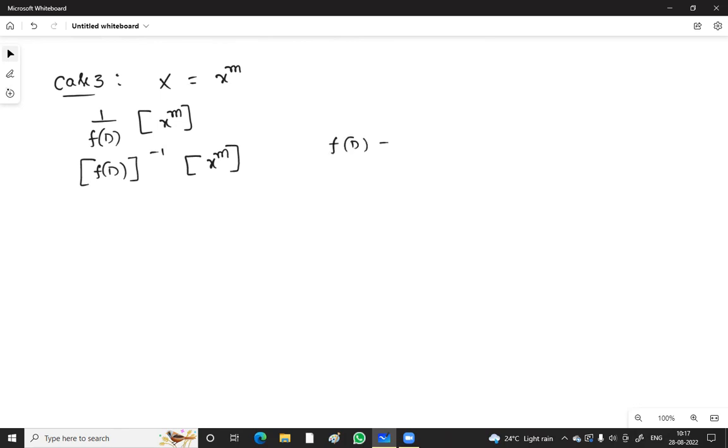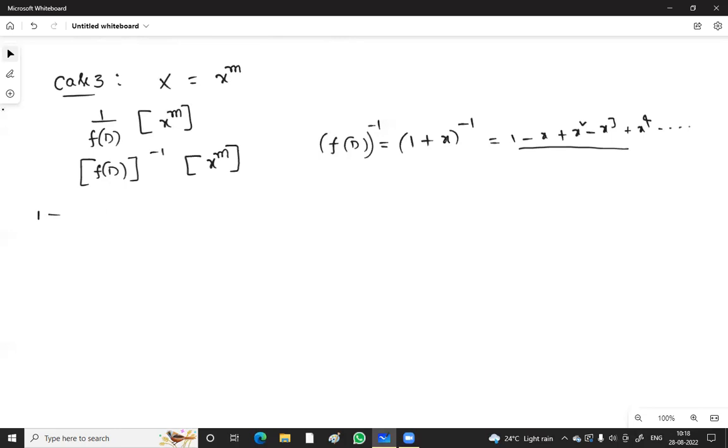But here one thing you have to understand. Let us say f of D is equal to 1 plus D, so 1 plus D inverse.